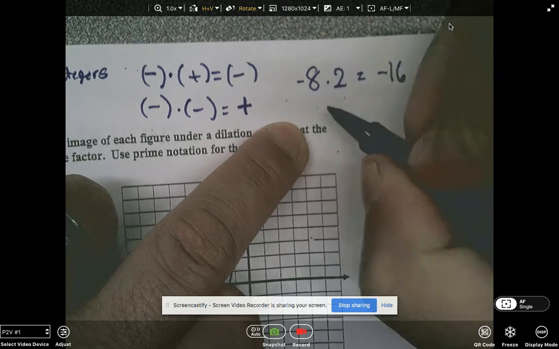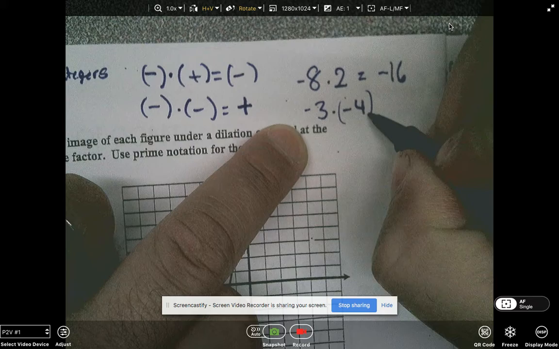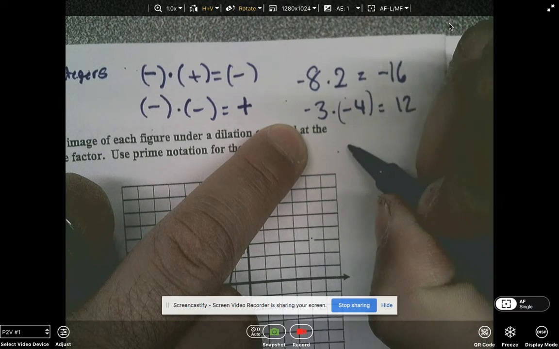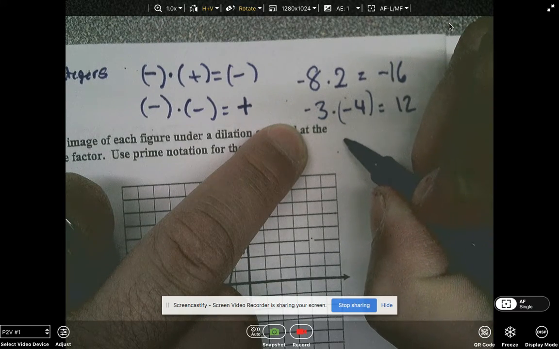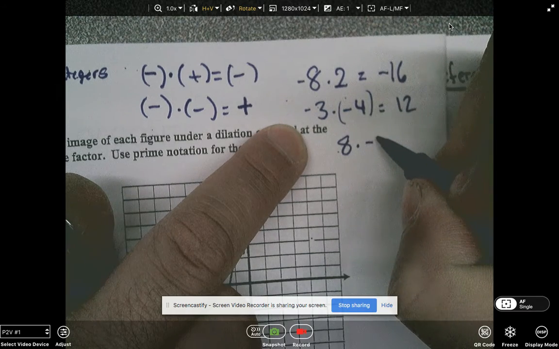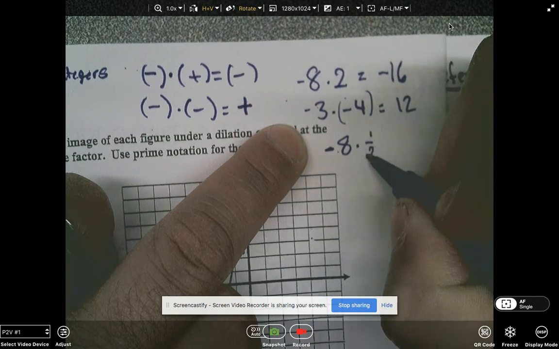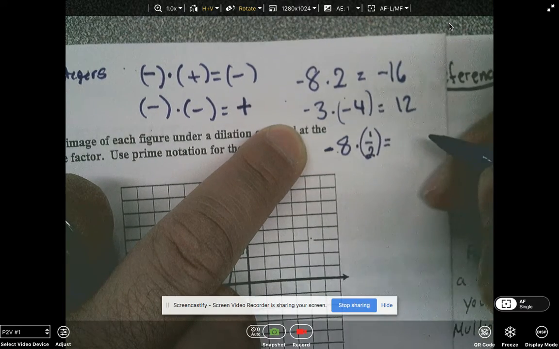Negative 16. What's negative 3 times negative 4? Positive 12. How about, let's try one interesting, negative 8, sorry, times 1/2. Anyone know what that would be?